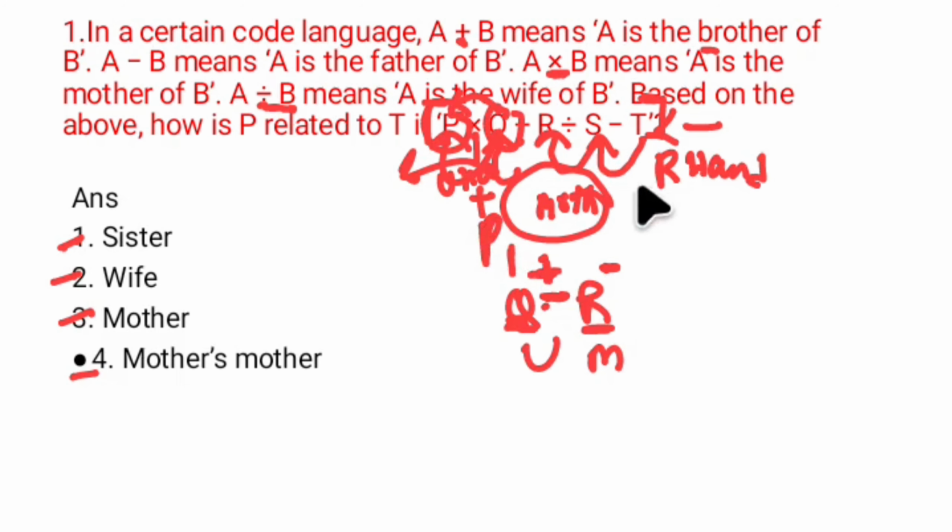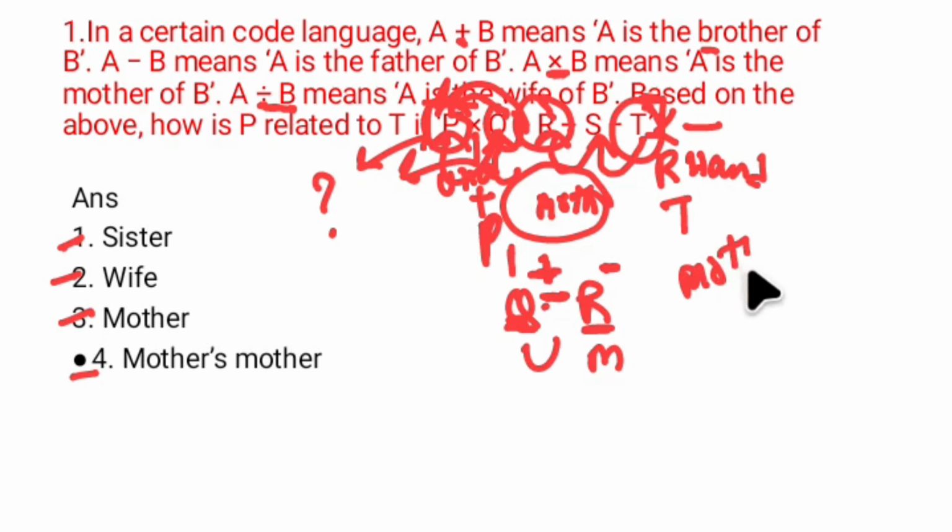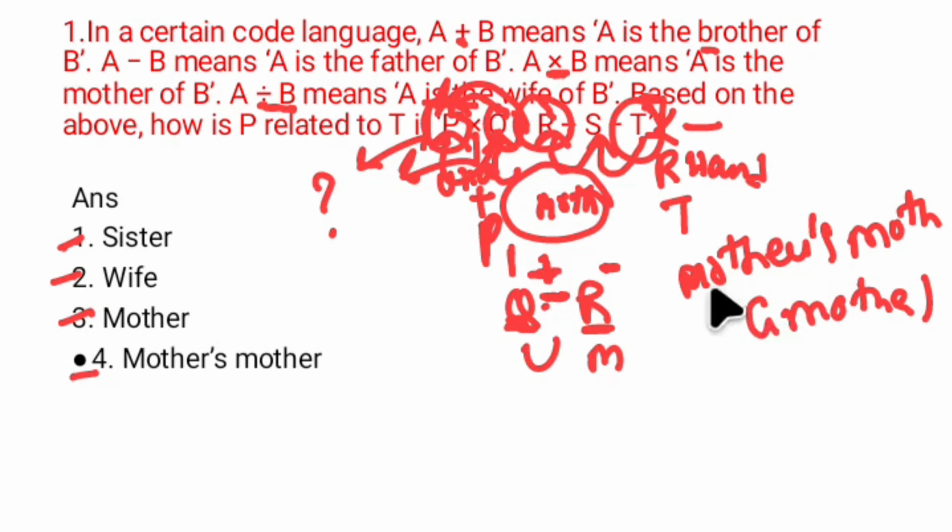So how is P related to T? R is the mother and mother's mother is P. So mother's mother, basically grandmother. So therefore option 4 would be the correct option for this question.